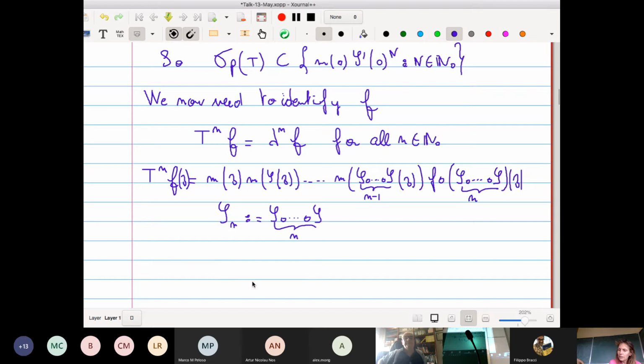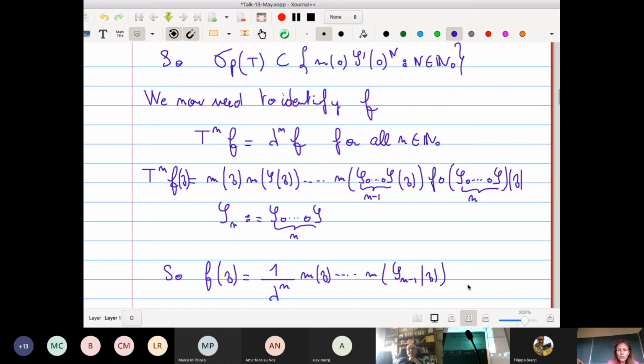It follows that f is equal to 1 over lambda to the n times its terrible weight. So it's m, phi n minus 1.